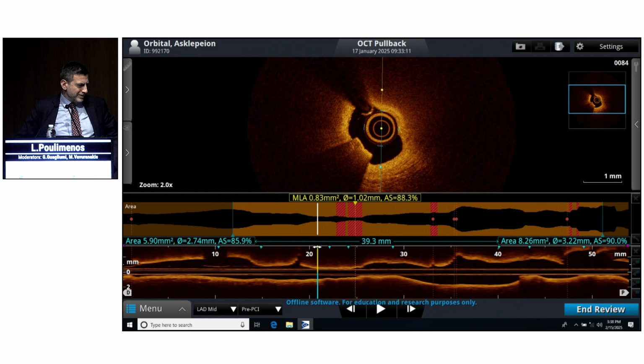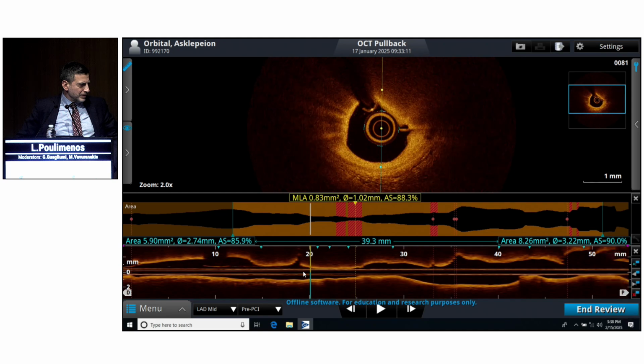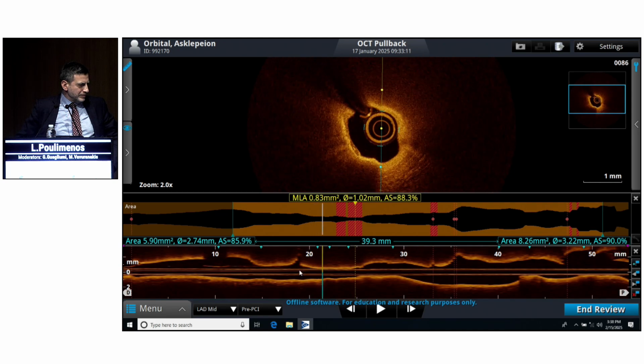And here there is one protruding, a spiky protrusion. This one that you have at this point. Nodular calcification, let's say, with full shadowing.